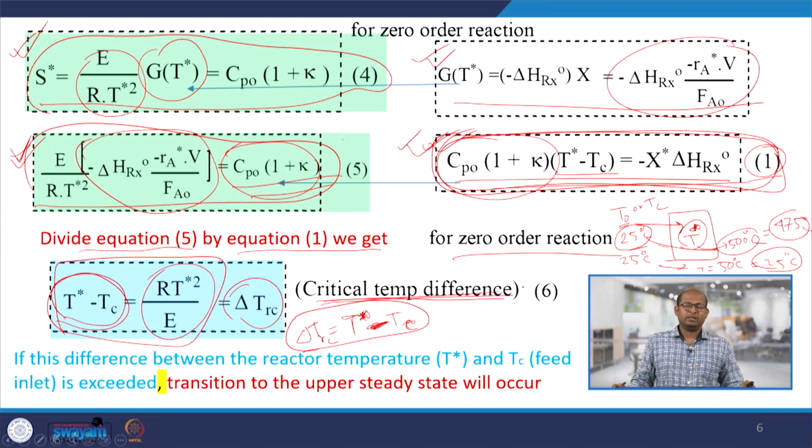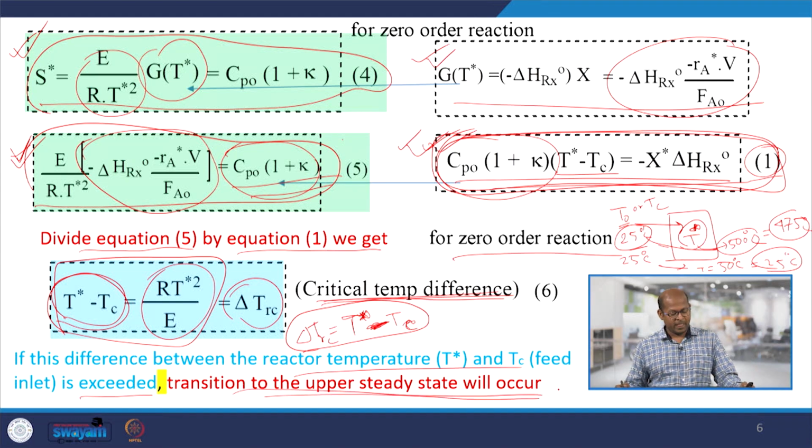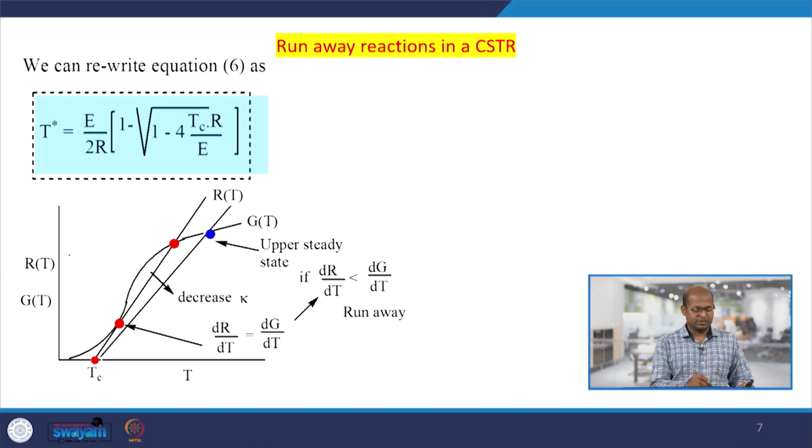If the difference between the reactor temperature and Tc is huge and exceeded, the transition to the upper steady state will occur. So, this is equation 6, which we can rewrite and express this way.